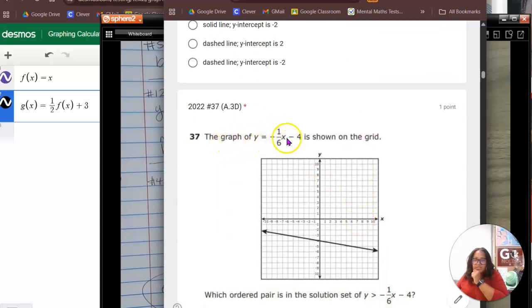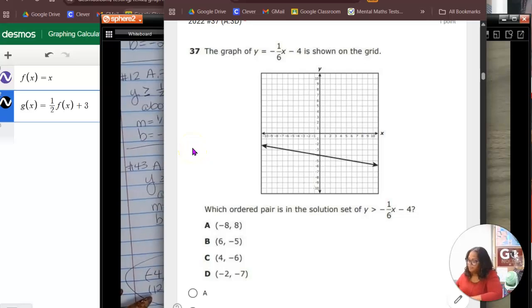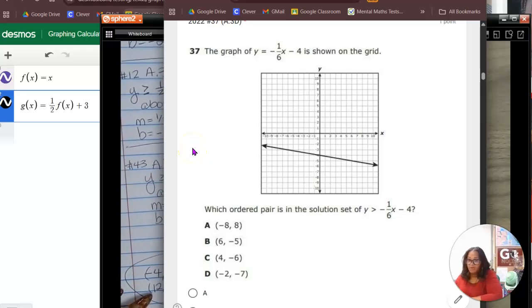Y equals negative 1/6x minus 4 is shown on the grid. Which ordered pairs in the solution set of y is greater than negative 1/6x minus 4? So I've got to be shaded above. Y is greater than negative 1/6x minus 4. And the line is dotted, excuse me.